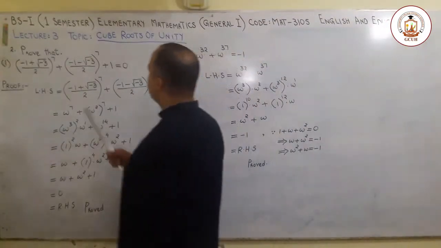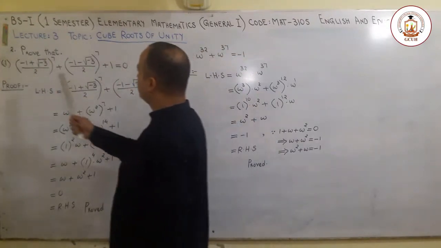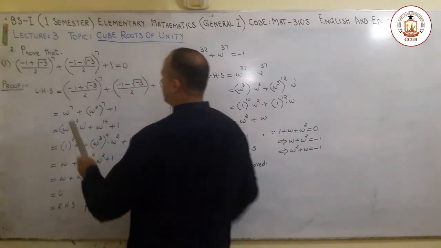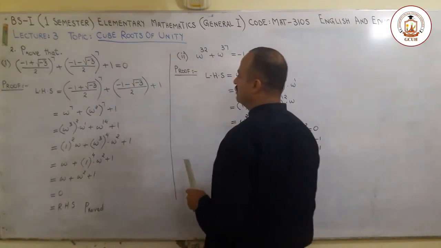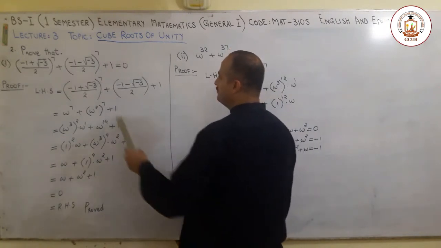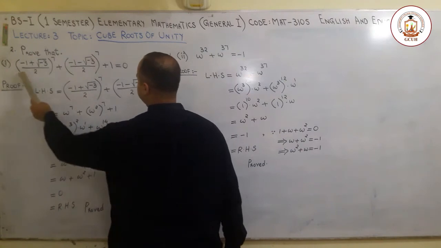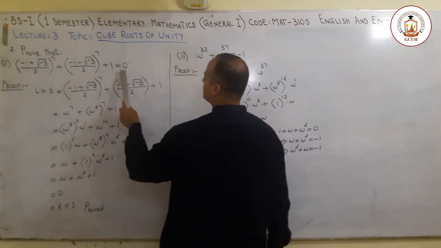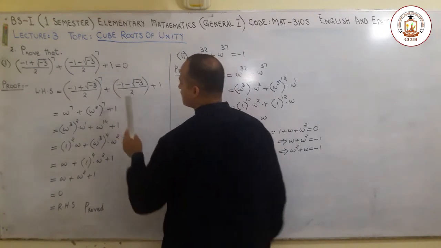These are other questions related to the topic. The statement is: prove that the left hand side written here is equal to 0. To prove this we start from the left hand side, because there is nothing to do to the right hand side.